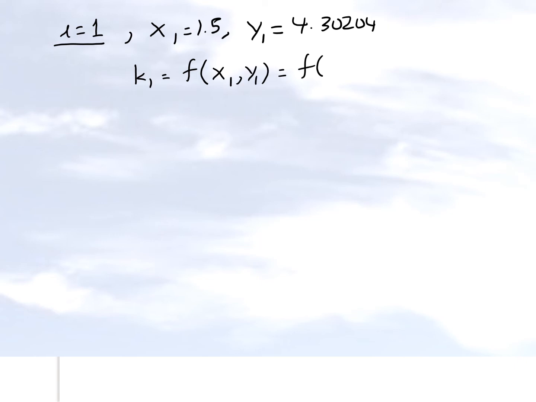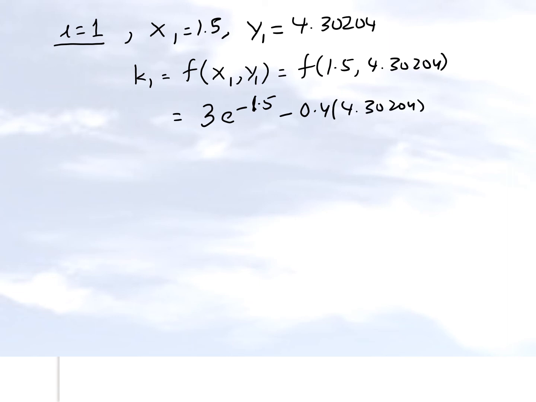So we substitute the values of x1 and y1 here. And this value here turns out to be minus 1.05143.